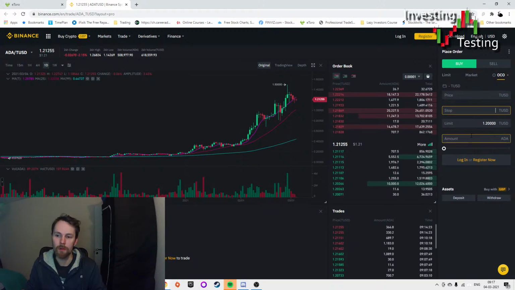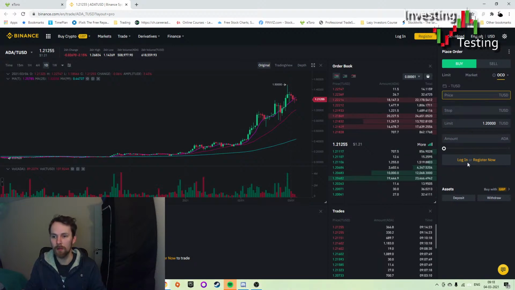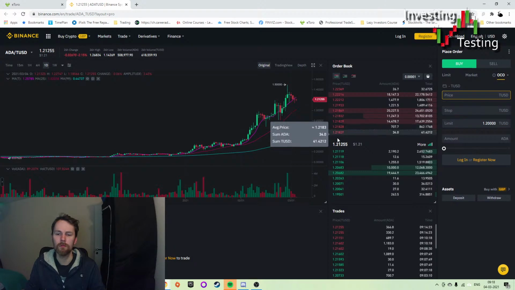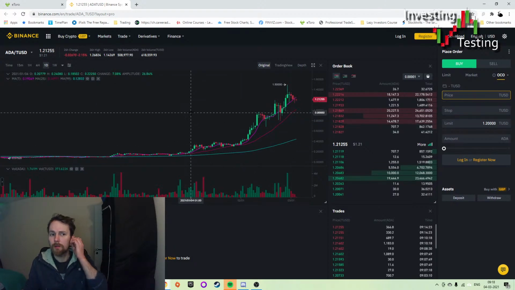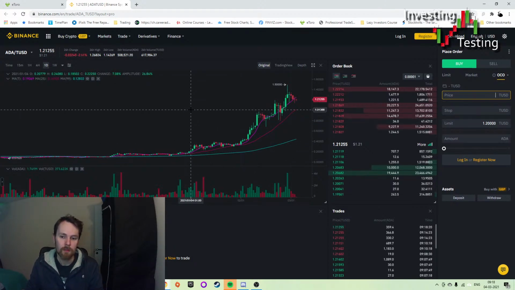You can put your stop loss in, the amount you want, and also the price. It looks like that's the price at which you want to sell, but don't quote me on that. You can actually watch the videos that Binance gives you. There are a lot of videos in Binance that can help you with using that platform.